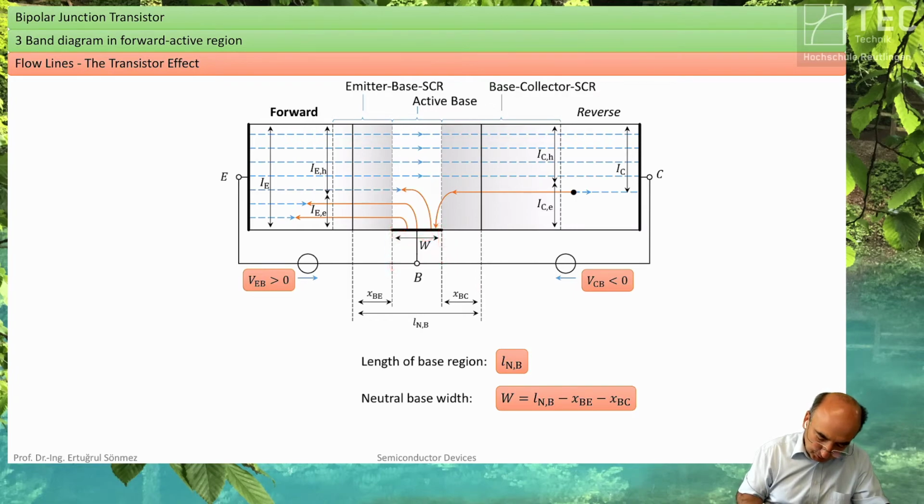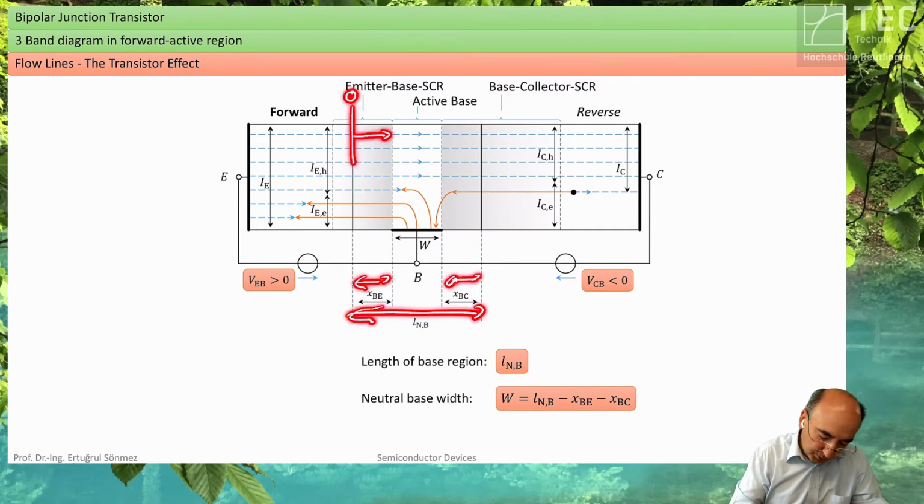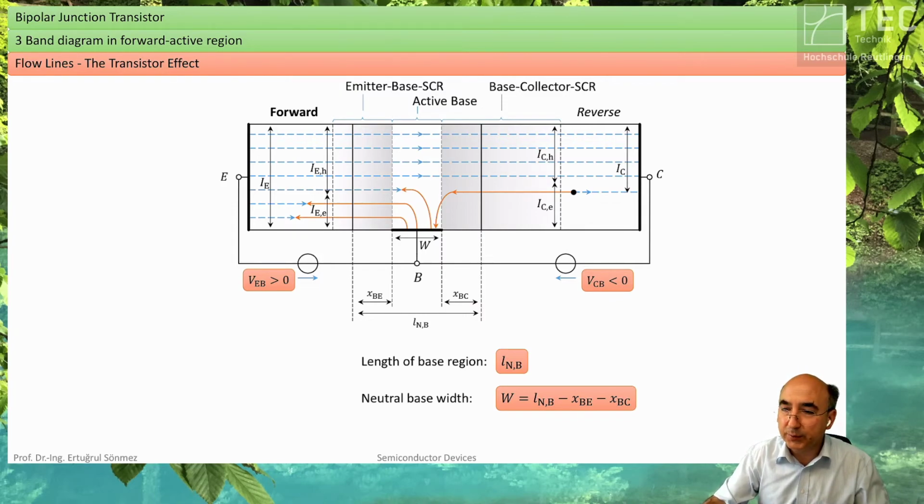And the neutral width is the physical length minus the space charge distance from 0 towards base. From this point towards the base. Okay, now we have the flow line explanation of a bipolar transistor.